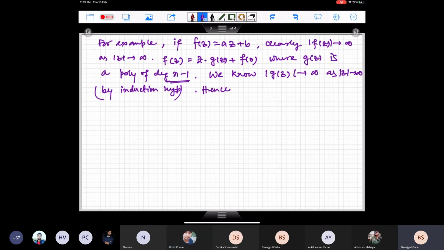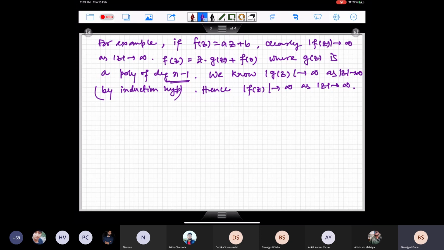So clearly, when I take absolute value, the product is going to go to infinity, and this is just merely a constant. Okay, so hence mod of f of z tends to infinity as mod z tends to infinity. Of course, for a polynomial of degree n, the leading growth factor is going to be some constant times z to the power n.